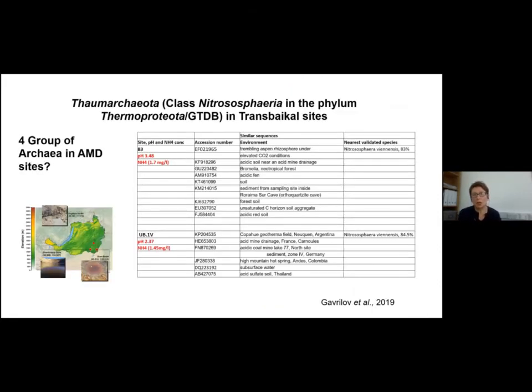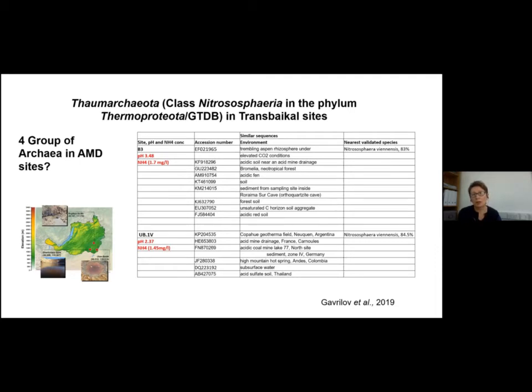Right. And finally, the fourth group of Archaea in AMD environments could be Taumarchaeota, or according to GTDB classification, it's now class Nitrososphaeria, phylum Thermoproteota.